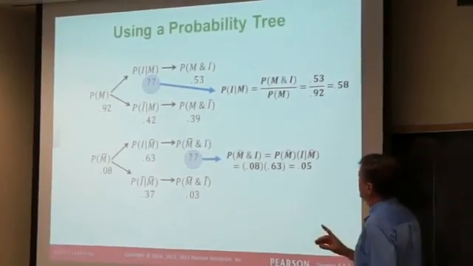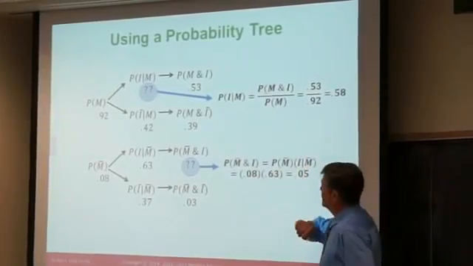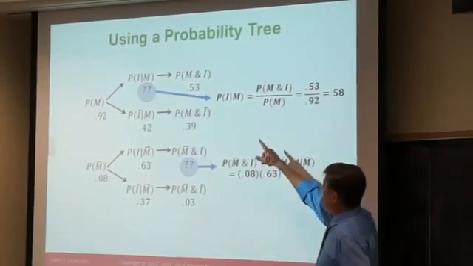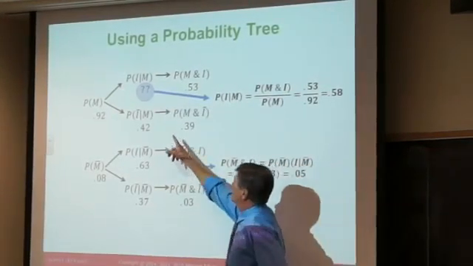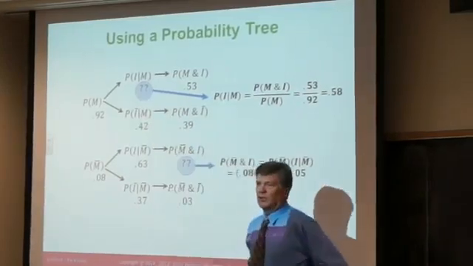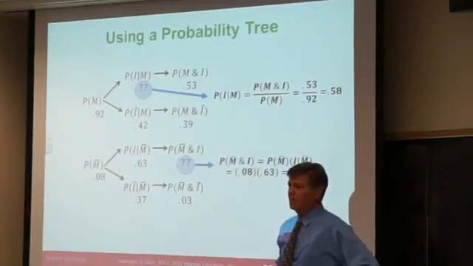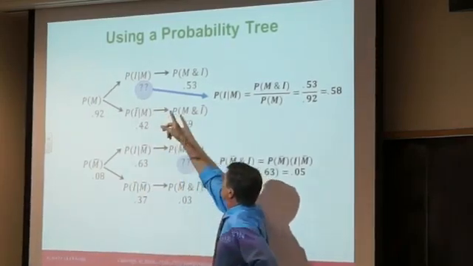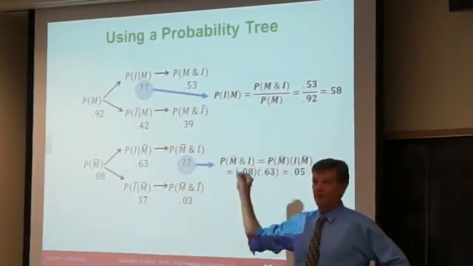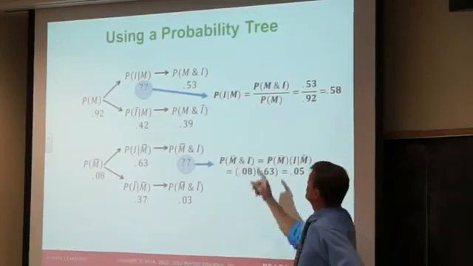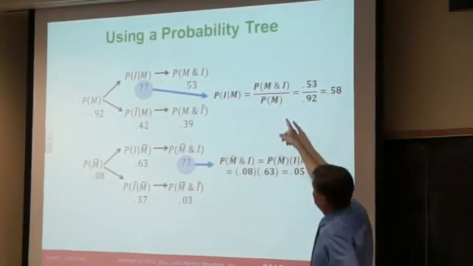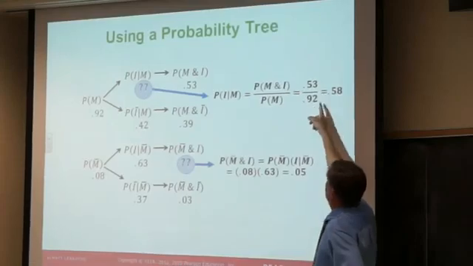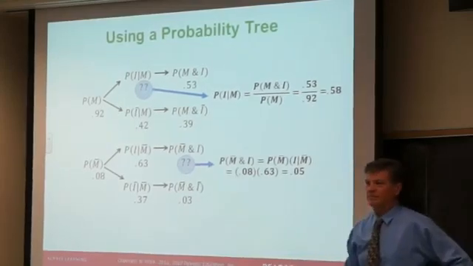And I can use it now, for example, to find the conditional probability P of I given M. I'm up here and I want to know what that node in the probability tree is. Well, I know 0.92 times the unknown is equal to 0.53. Left to right, I multiply. So to get that, I would just divide 0.53 by 0.92 and get 0.58.